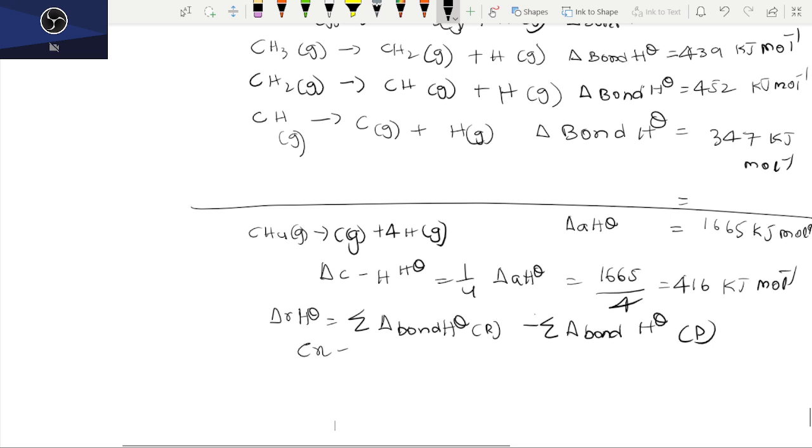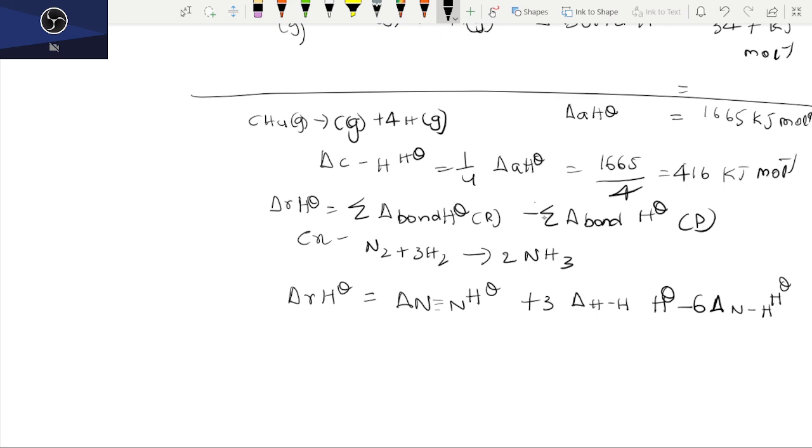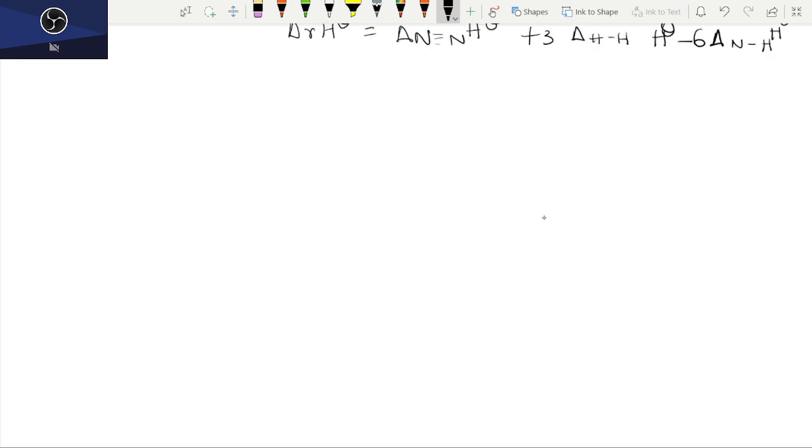Okay, right. After standard enthalpy and bond enthalpy, we got to know what bond enthalpy is. After bond enthalpy, we are going to learn about enthalpy of a solution, the next type of enthalpy.